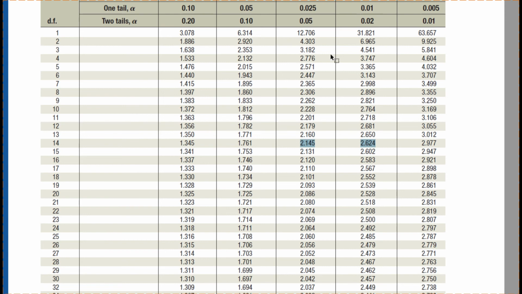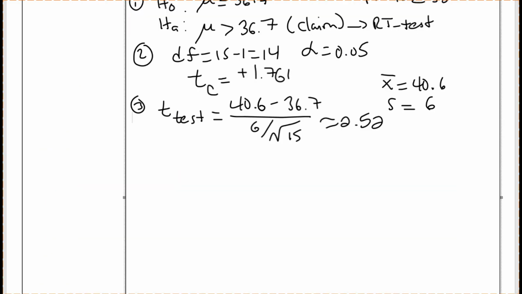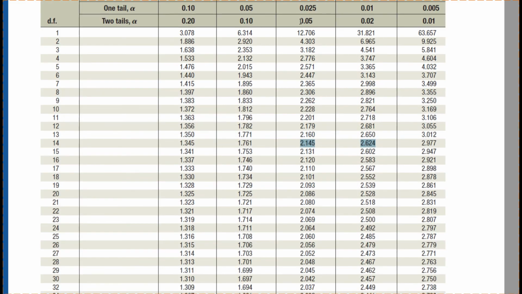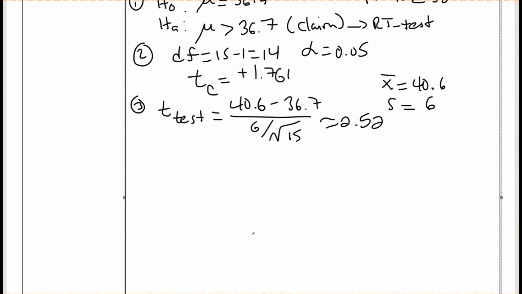So for a one-tail test, it's between these two values. So the p-value is greater than 0.01, but less than 0.025. All right, so then that is our p-value.